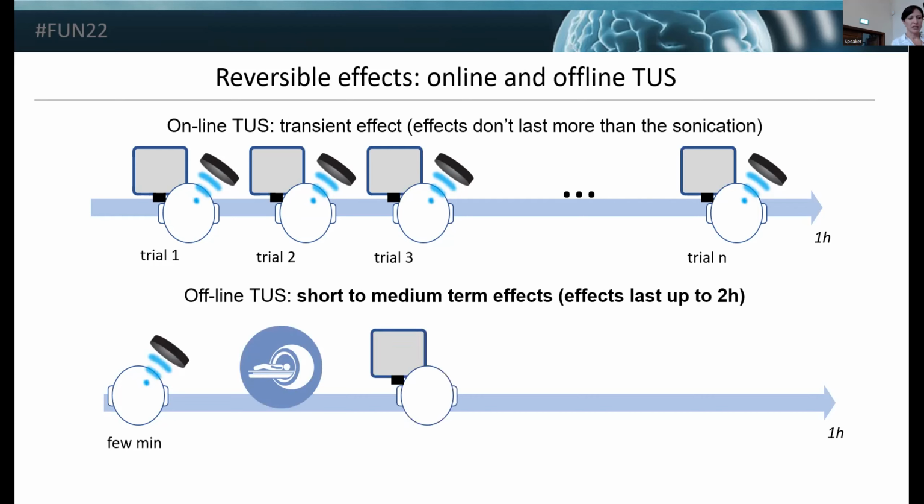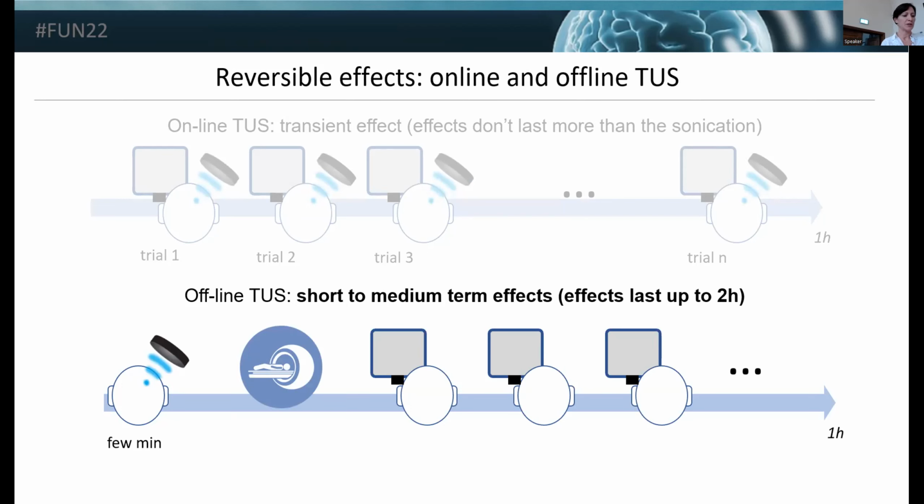Right, so if we believe that it is possible to induce neuroplasticity, then we can start drawing some hypotheses on the readout. And I'm going to be focusing here on MRI readout, okay? So imagine this is the area that you are going to sonicate here, and this would be the network associated with this area at rest, for example.